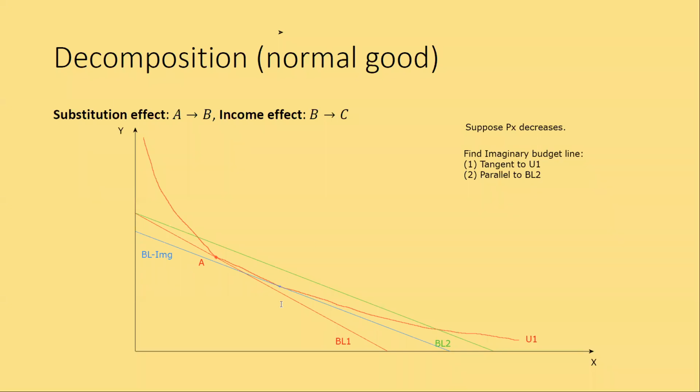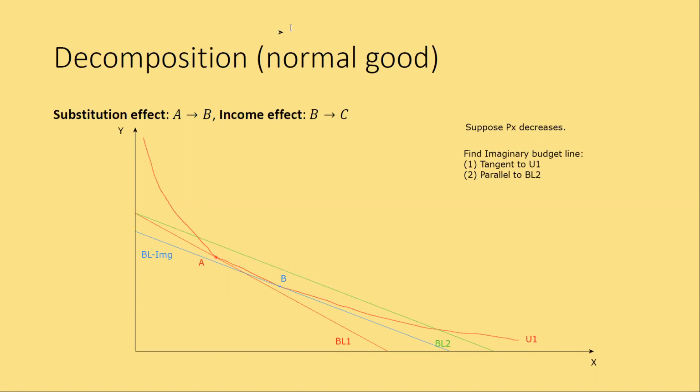And this is our point B, right? Because point B is defined as the point at which our imaginary budget line is tangent to the indifference curve. Our imaginary budget line is also parallel to our new budget line, that is BL2, the green line.